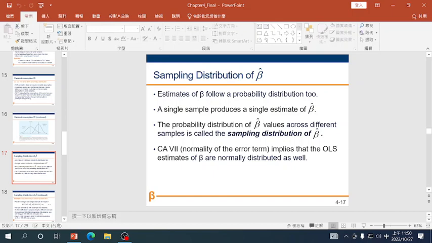It means that if we can collect all the possible data sets, then we will end up with infinitely many beta hats, right? And if we draw a diagram of all those beta hats, it ends up as a probability distribution.